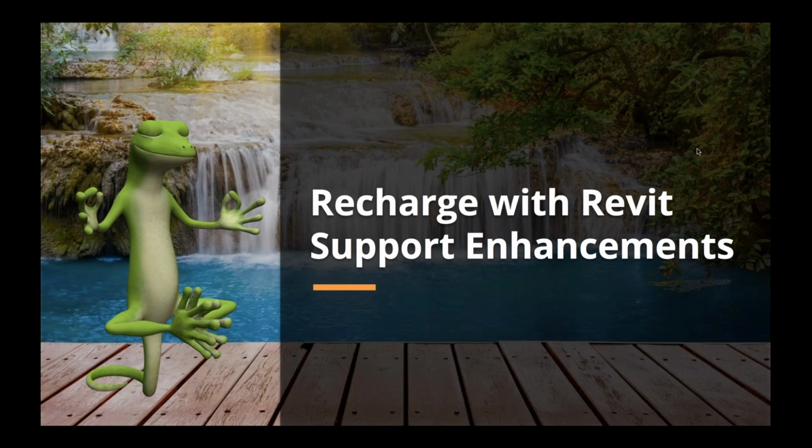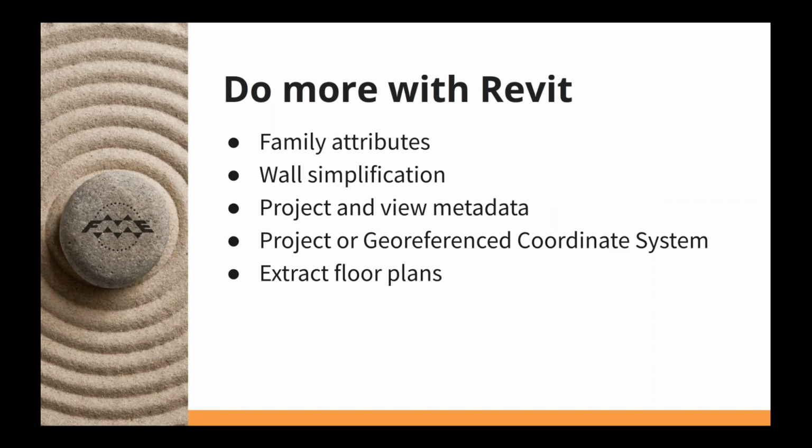All right, so as Dale mentioned, we have the native Revit reader. It's still in tech preview, but we are continually adding more support for it. Our favorite thing is, we love lots of attributes. So we are pulling lots of family attributes, as well as project and view metadata. If you need metadata about the file or the specific views that you're reading, we can definitely read that in.